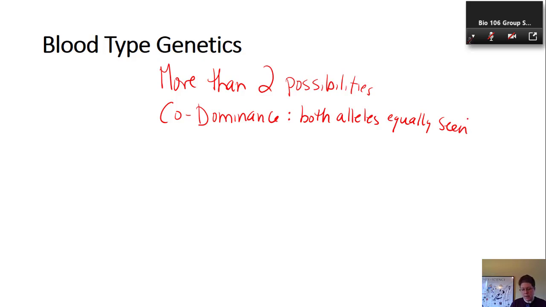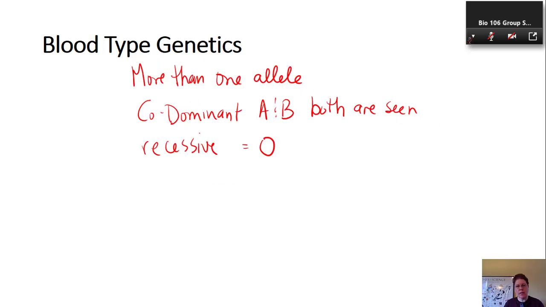So we have codominance, and the codominant alleles are going to be the A and the B. And then we also have a recessive condition. The recessive condition is going to give you the O blood type.